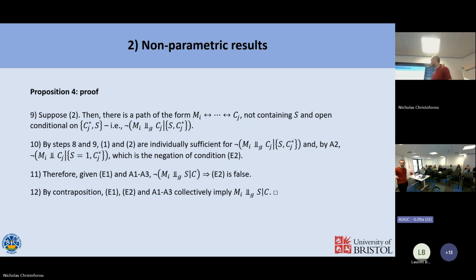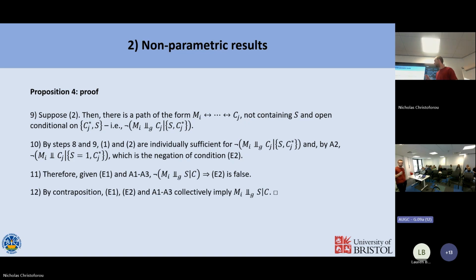That was saying that we have a path between M sub y and Cj, not containing S, and open conditional on Cj star and S. That is essentially the same thing back again. So what did we see here? Both cases of the partition are sufficient for the same implication. Both cases of the partition imply that this deconnection condition is true.